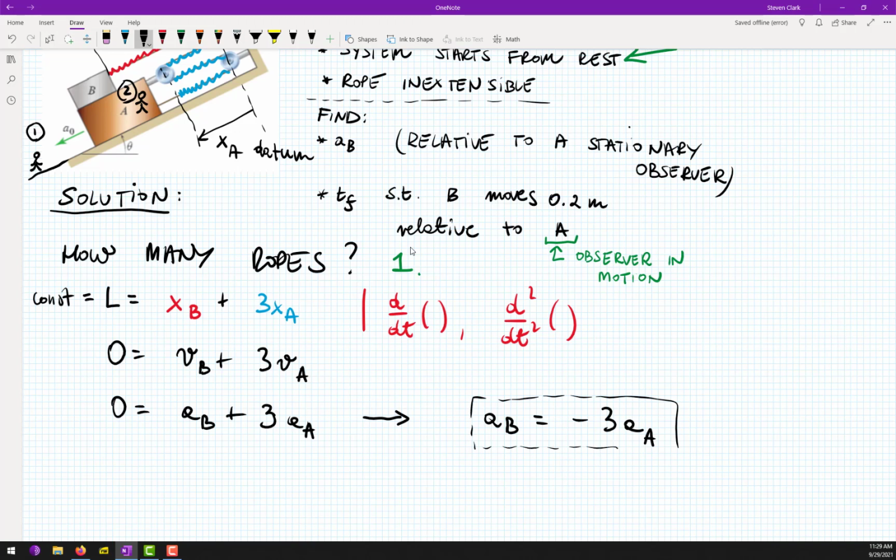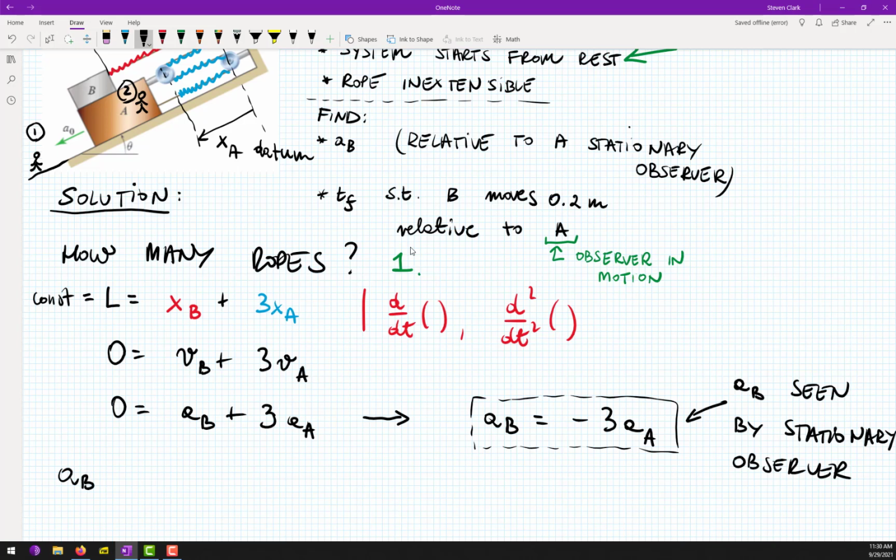This is acceleration B, AB seen by the stationary observer. Okay, let's find the value of that.